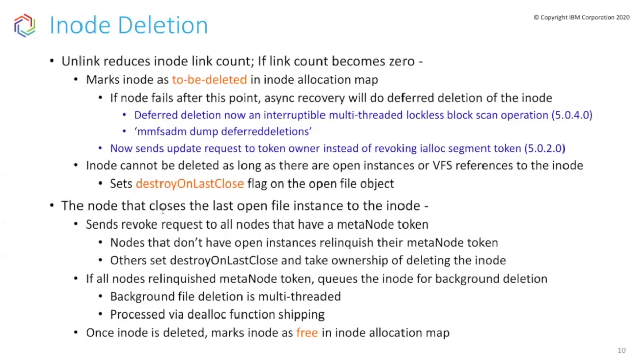So as part of the background deletion, we also queue such block free up requests to specific nodes that own the respective segments. Because this is asynchronous, we can afford to do all of these back and forth network operations.